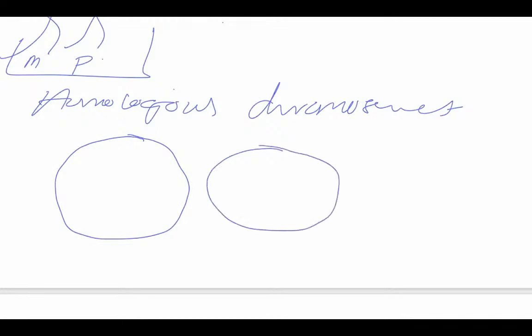I'm going to draw 2, but these chromosomes are not double-stranded. They're just single-stranded. That's why sometimes we call them unreplicated chromosomes or single-stranded chromosomes.